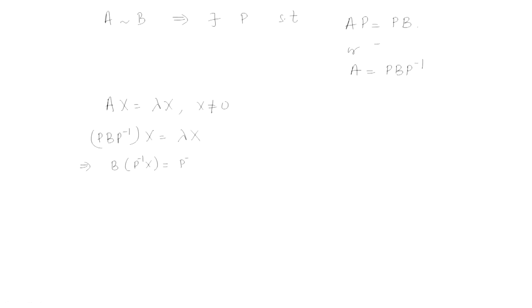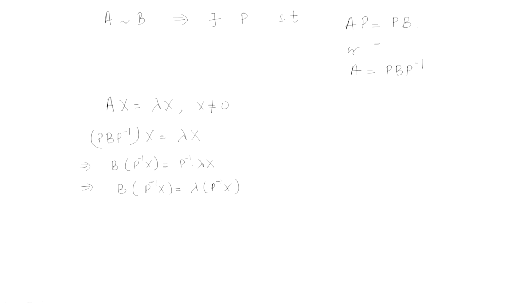So, it is P inverse of lambda x, and this implies B into P inverse x is equal to lambda times P inverse x. Okay, because lambda is a scalar, it can be taken out. Now, suppose this P inverse x is y, then this is B y equal to lambda y.